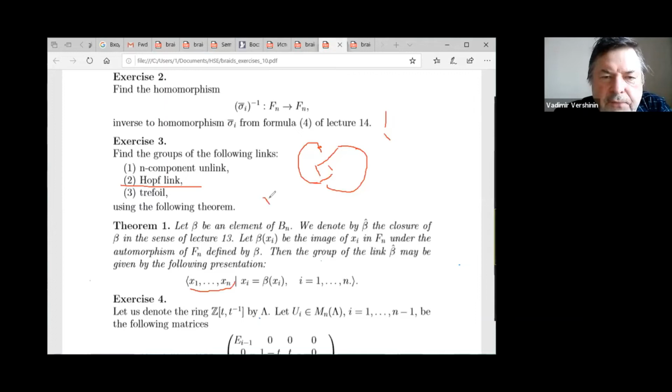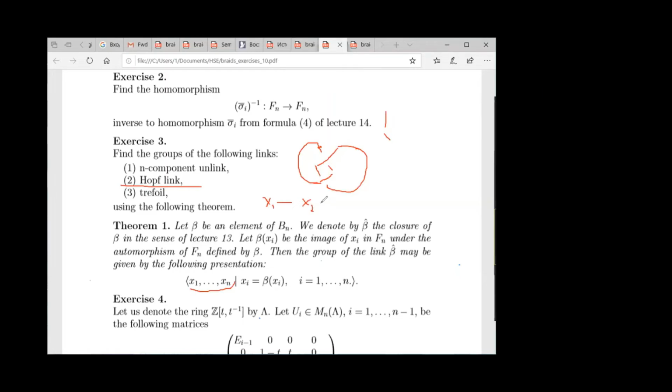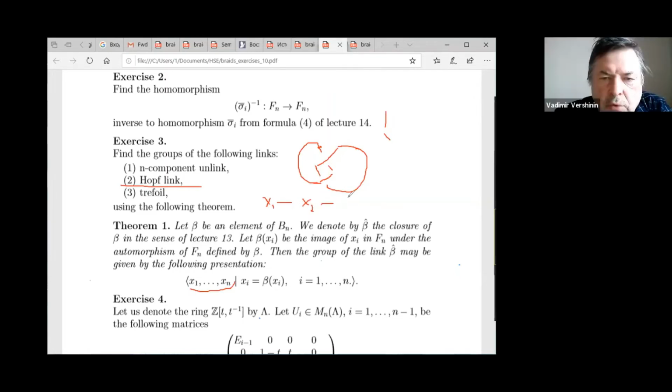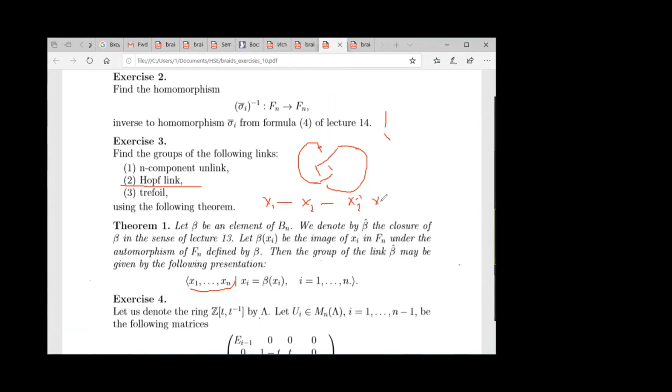It is x1 goes to x2, and x2 goes to x2 minus 1, x1, x2, right?